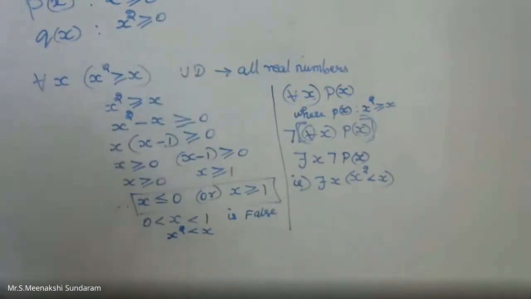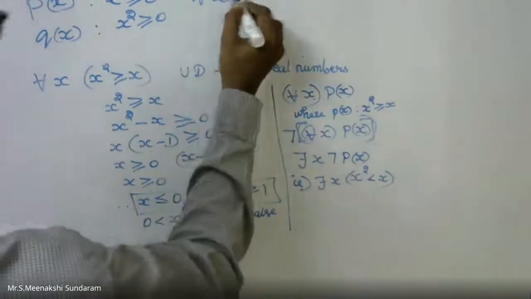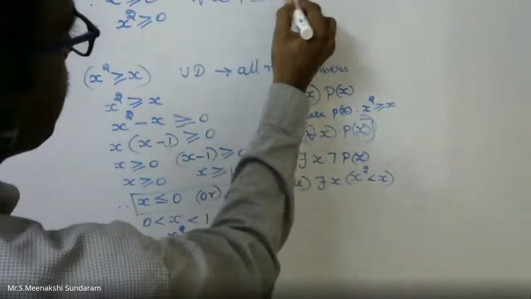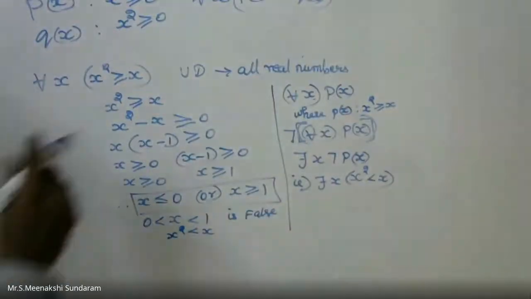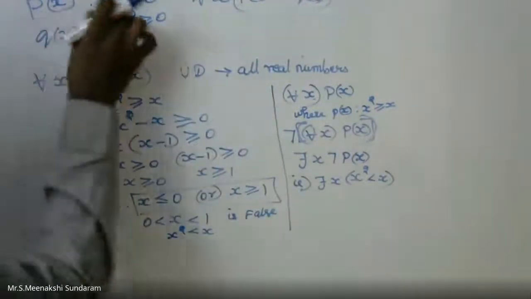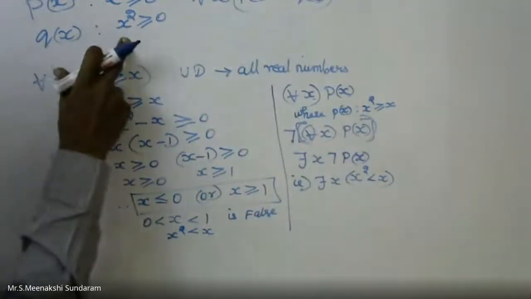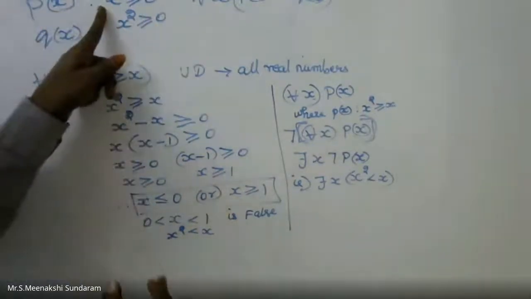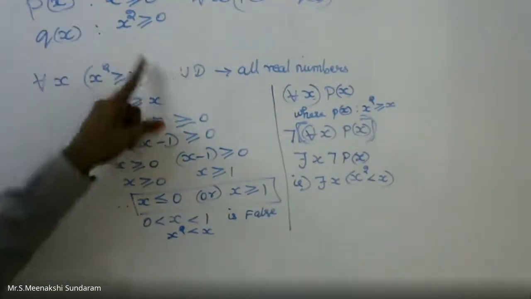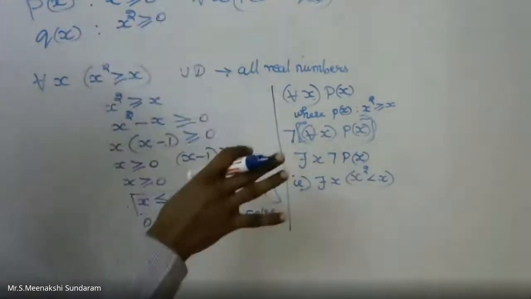The question asks for the truth value of for all x, p of x implies q of x. Try checking the input: x is positive. The output is q of x, x square greater than or equal to 0. Whether the input is positive or negative, the output is always positive. Both are included with equality, so 0 is also possible.